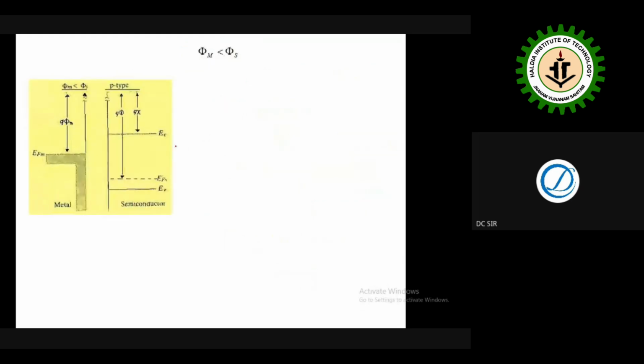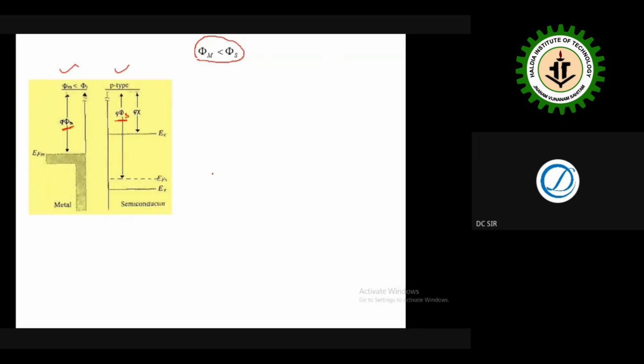Similarly, in the case of metal and p-type semiconductor at the condition of phi m less than phi s, what happens? You see phi m is smaller than phi s.